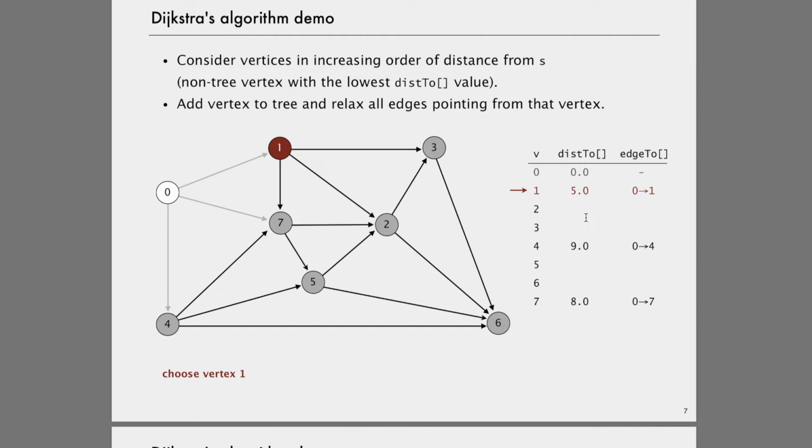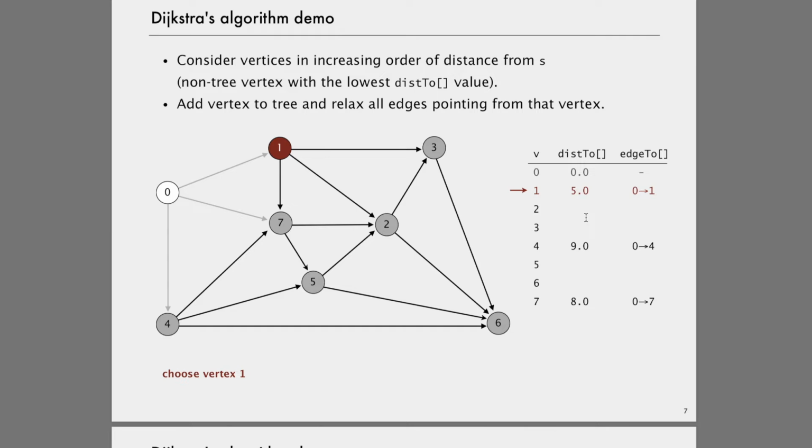Then we know the only other way to go out of 0 is to take one of these other edges and they are longer. So we are not going to find a shorter way from 0 to 1 than to take the edge 0, 1. So that means that the edge 0, 1 is the shortest path. That's what the algorithm says.